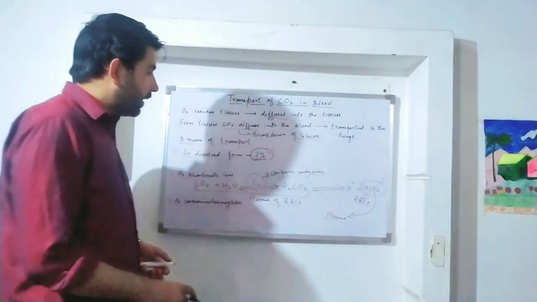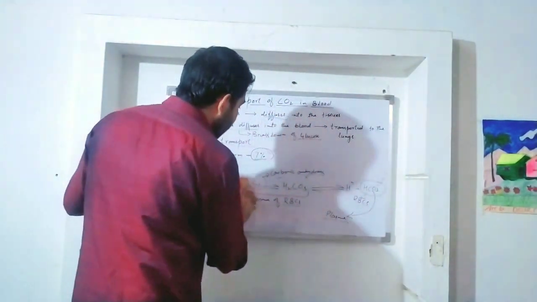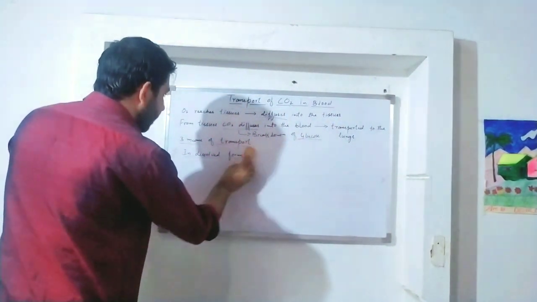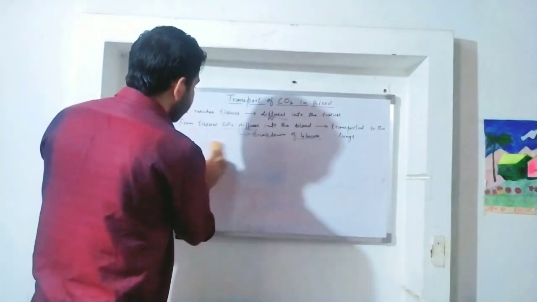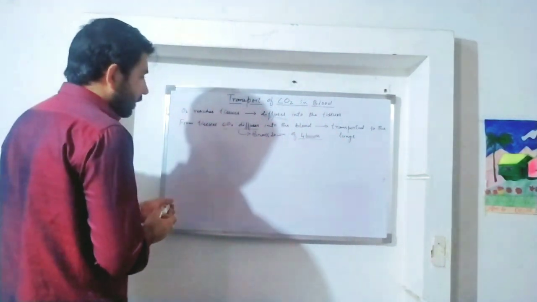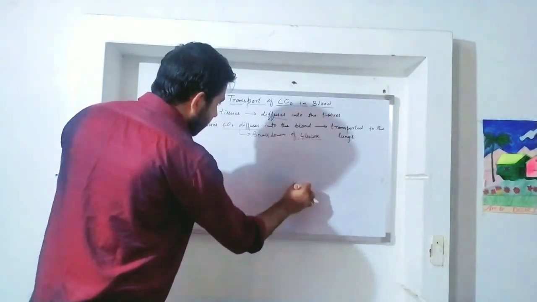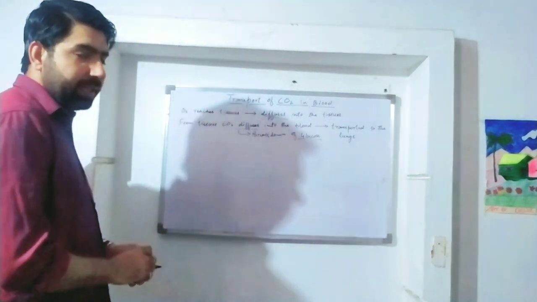Now, I can write the whole reaction like this. Suppose this is an RBC.